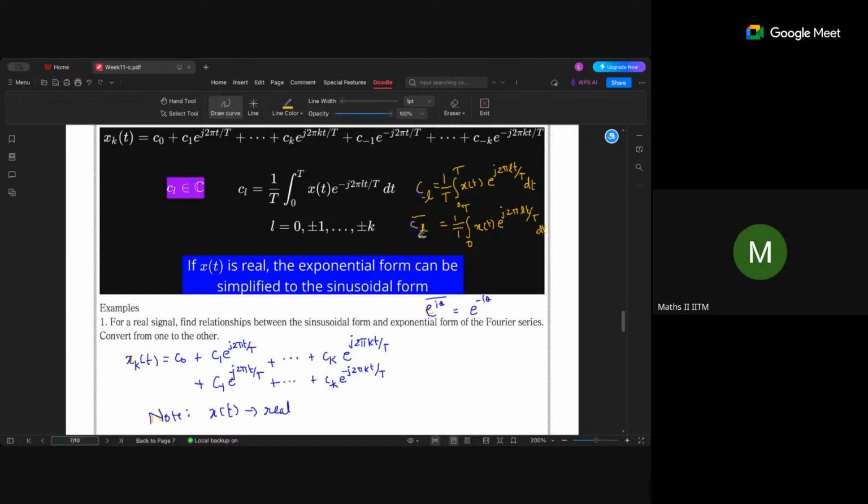This holds only when x of t is real. You can see that it is exactly the same as c minus l. So cl bar is the same as c minus l. Okay, so this you have observed. Please hold on for a minute.